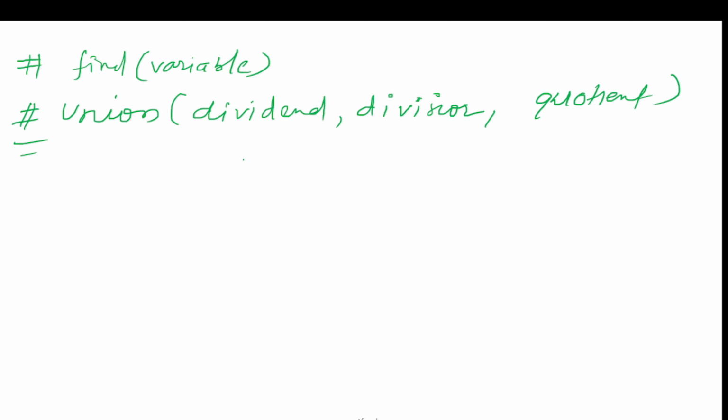Okay, once we implement the two functions, then we will solve the problem in two steps, you can say. The first step, we will iterate over each input equation and invoke the union function on each of them, in order to build the UnionFind data structure.